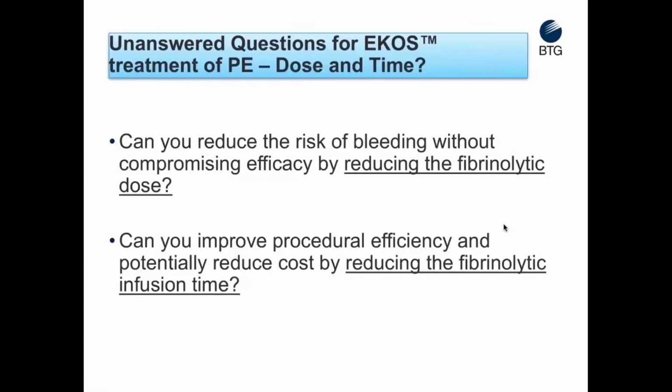However, there remained questions, and two of the questions that continued to come up even after Seattle 2 was implemented were, can you reduce the risk of bleeding without compromising efficacy by reducing the fibrinolytic dose? The second question was, can you improve procedural efficiency and potentially reduce cost by reducing fibrinolytic infusion time?